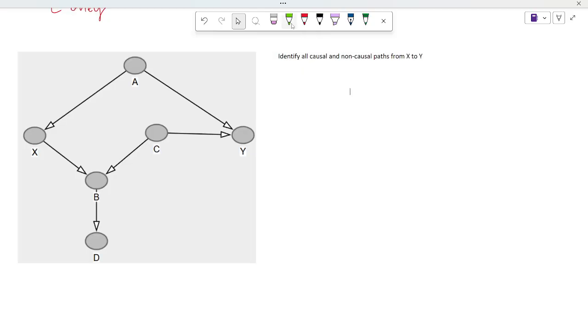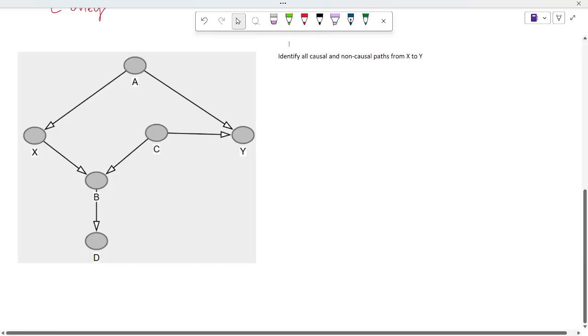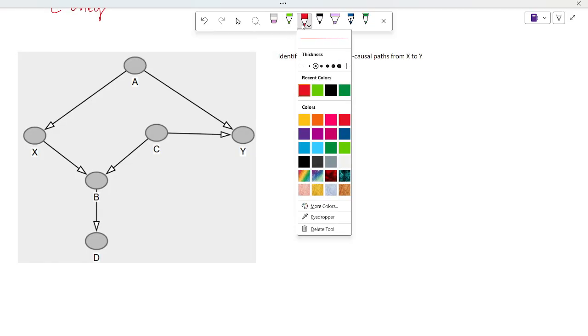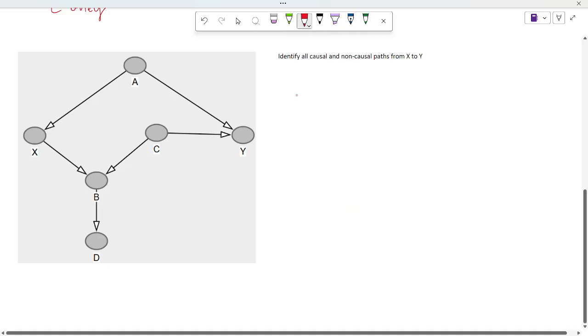So essentially, this is very straightforward. I will give you guys a few seconds to think about this while I start listing the paths down anyway.